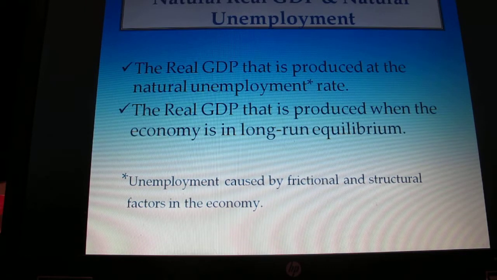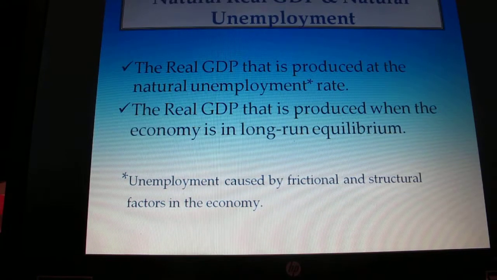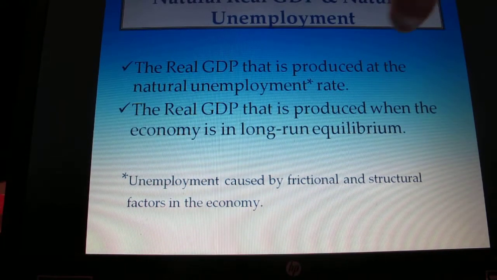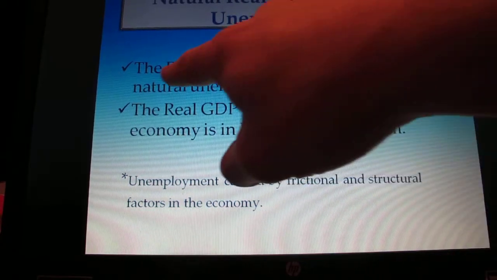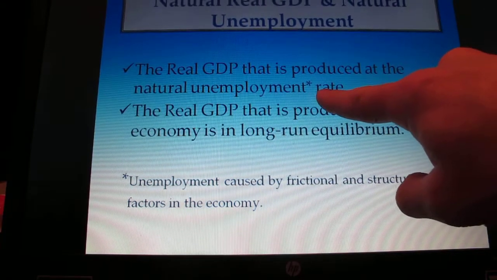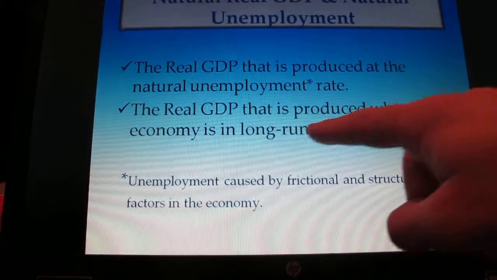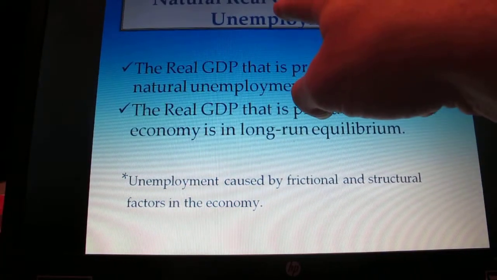So with that natural unemployment, if we could get to a point where our real GDP is producing at that natural unemployment, that's a concept known as natural real GDP. The real GDP that is produced at the natural rate. The real GDP that is produced when the economy is in the long run equilibrium is natural real GDP.